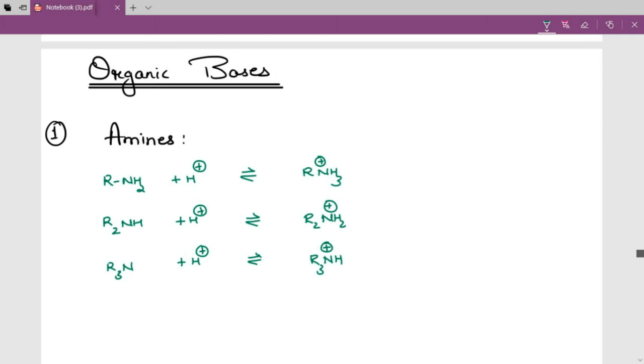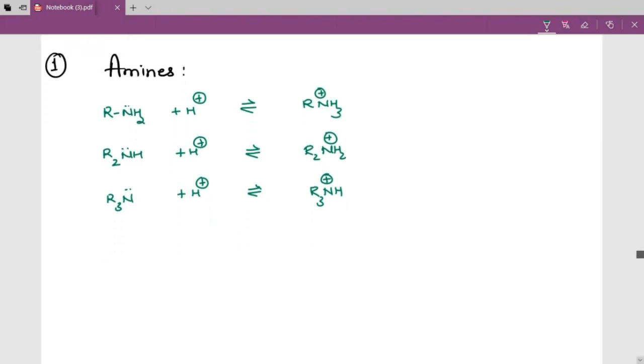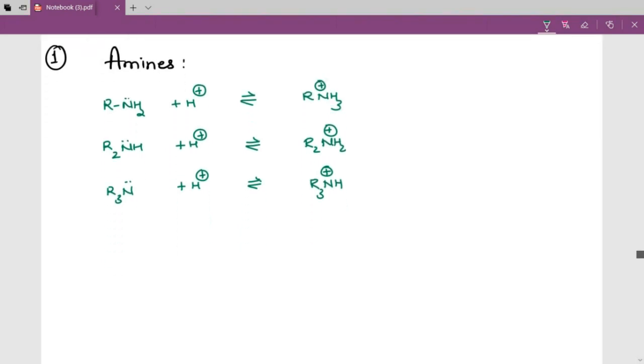Now these equilibria will definitely be influenced by the lone pair availability here, which will be increased with the presence of alkyl groups, and by the hydrogen bonding if there is any in these conjugate acid forms.